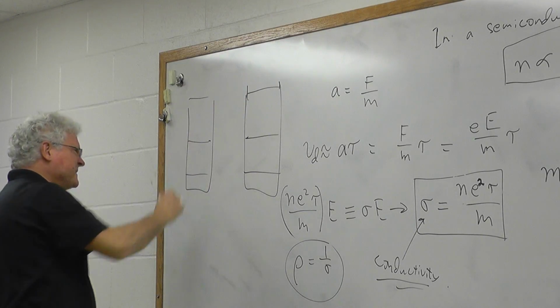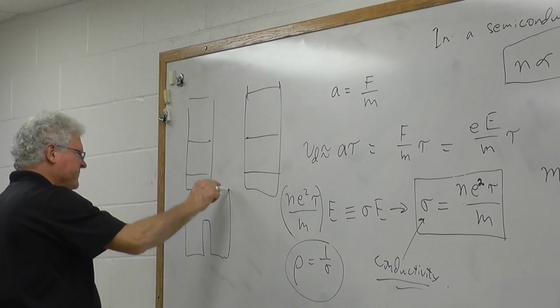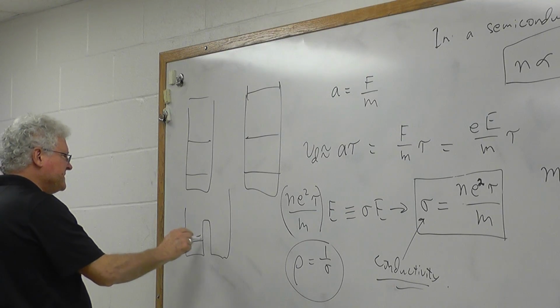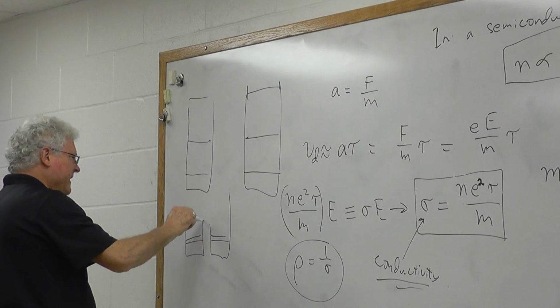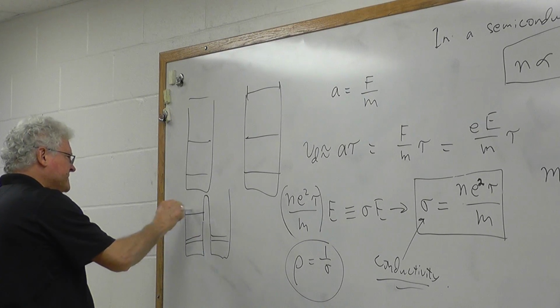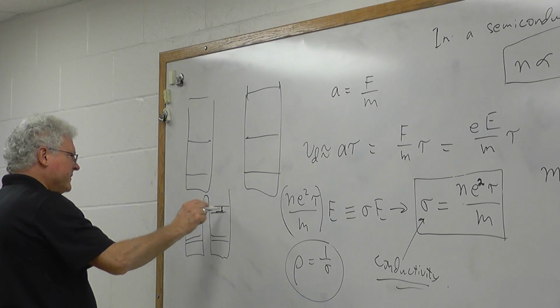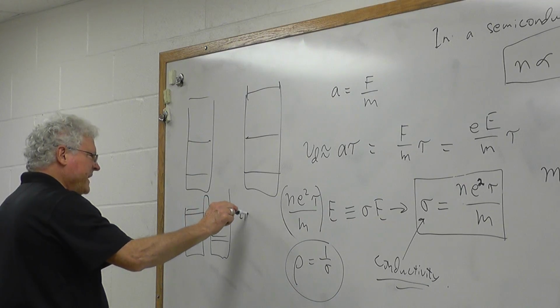So I have my original states like that, but now I bring two of these guys together, until finally there's only a finite barrier. What happens is these start to split, and the amount of splitting between these levels, if I remember, ends up being something like 2 times the matrix element.